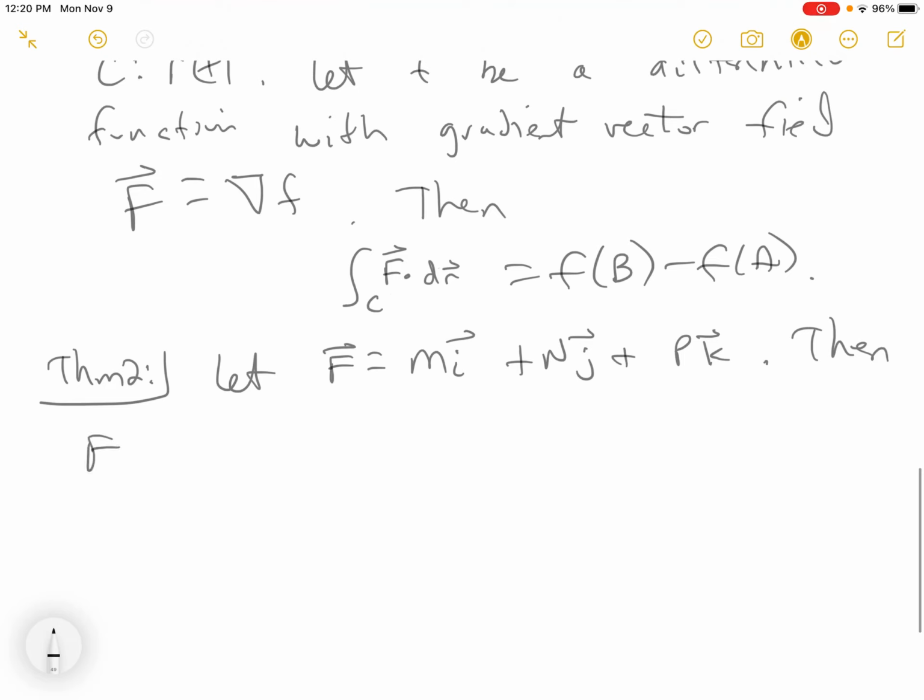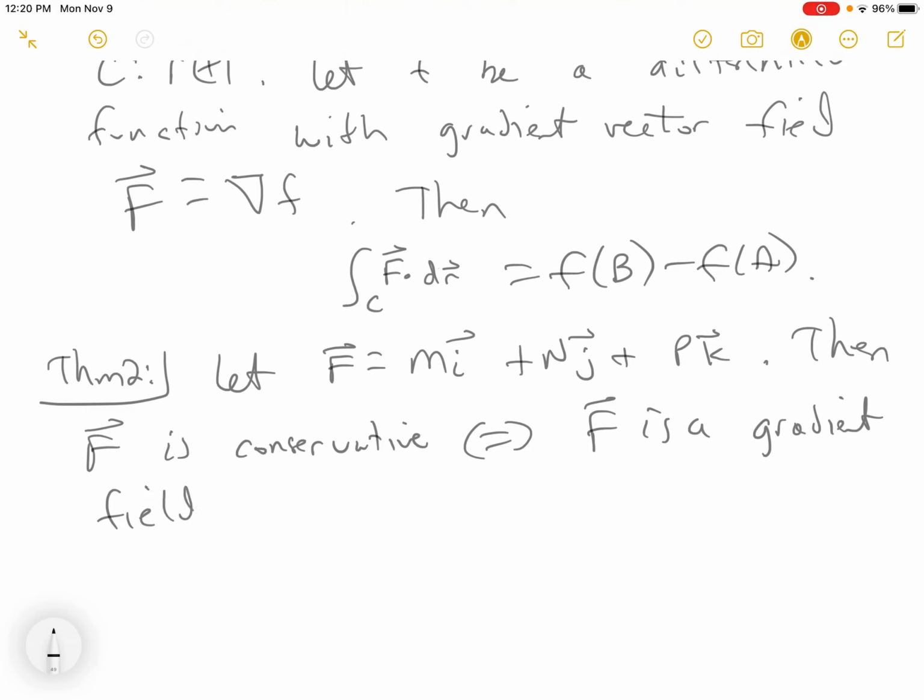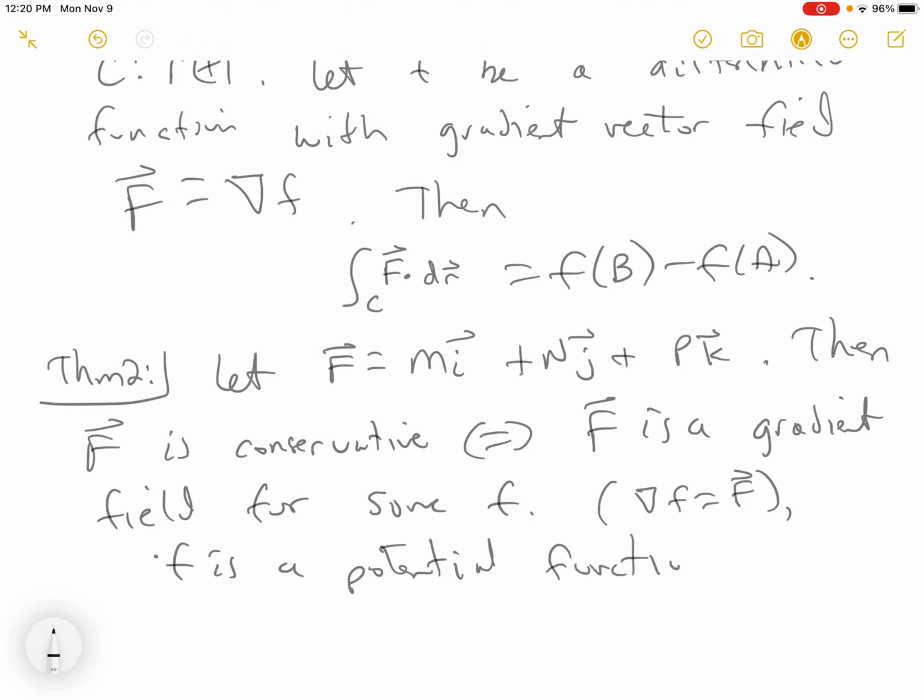Then the field F is conservative if and only if F is a gradient field for some function f. In other words, del f equals F. And yes, f is a potential function for F.